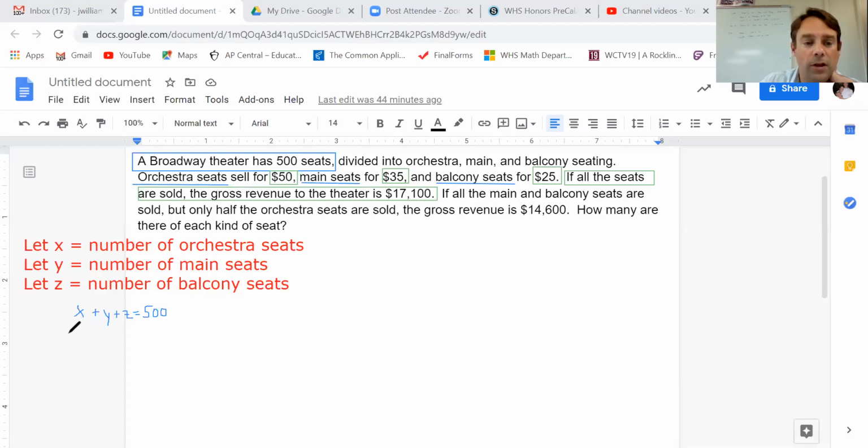So $50 per orchestra seat, so 50x, plus 35y, $35 for a main seat, and $25 for a balcony seat. If I add them all up and sell out everything, it's Hamilton after Hamilton, we'd have 17,100.